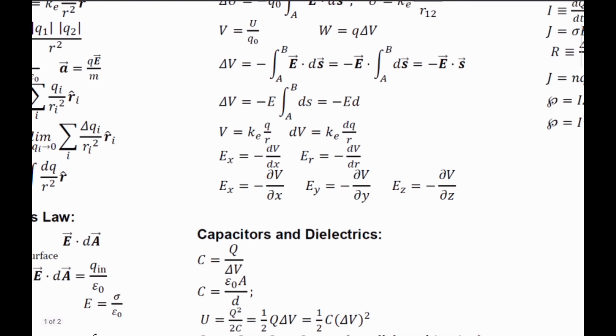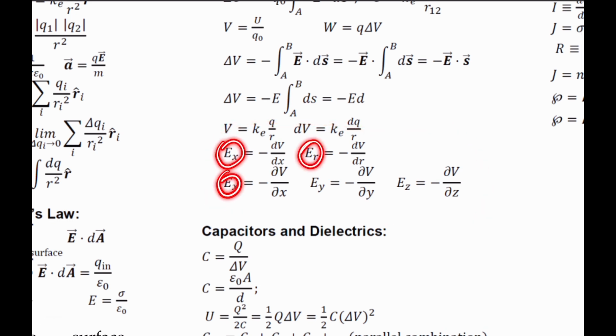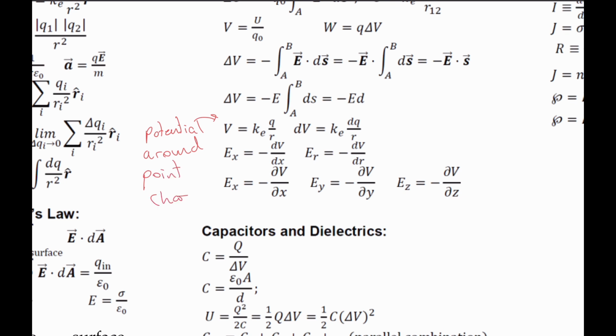Okay? Now finally, these last couple equations are telling you how can I find the electric field if I already have V. Okay, so let's say I have V over here. This is the potential around a point charge.